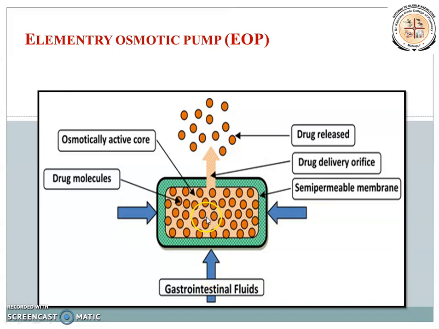The osmotic agent present in the system gets dissolved and creates osmotic pressure, and the drug is released through the small orifice in a controlled manner for a prolonged period of time. Thus we can achieve a sustained or controlled release pattern through the elementary osmotic pump.